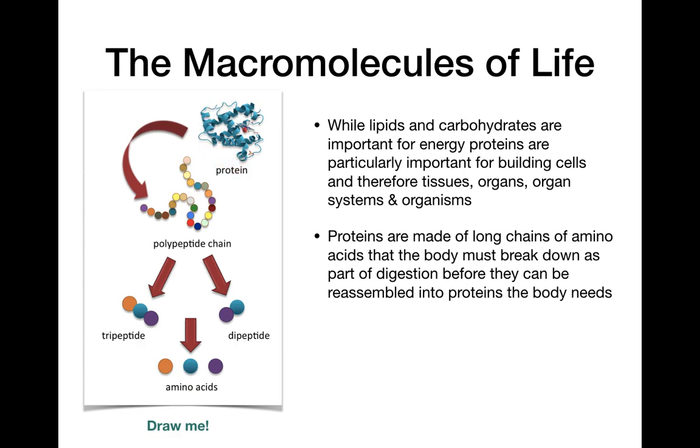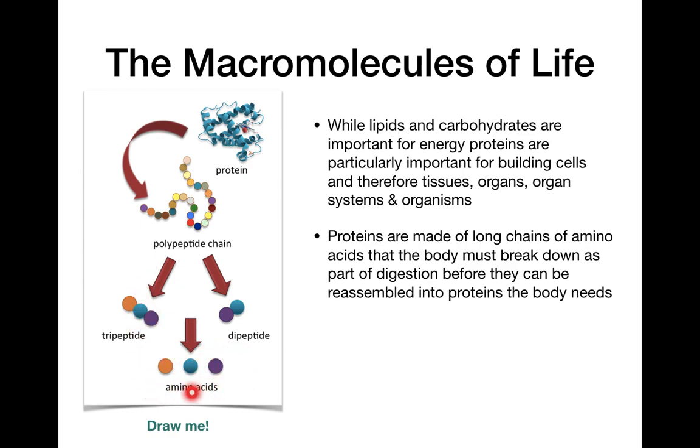If you're going to be digesting some protein, you have to take this protein and break it down into its chain, kind of unfold it, and then break apart the bonds between the little amino acids into maybe a tripeptide or a dipeptide, 2 bits or 3 bits together, and then break those down further into individual amino acids.